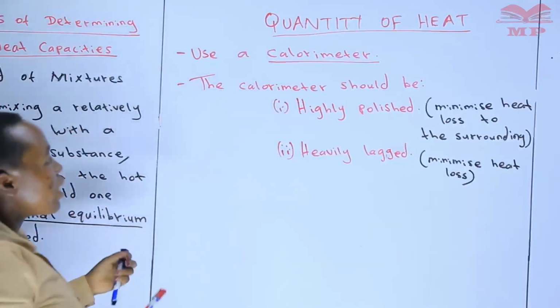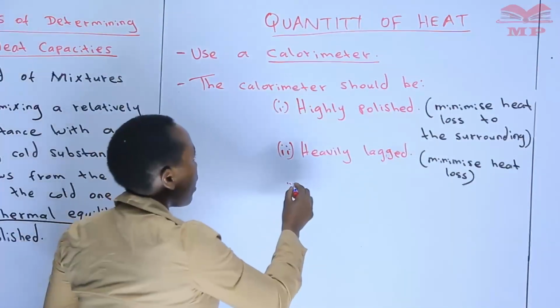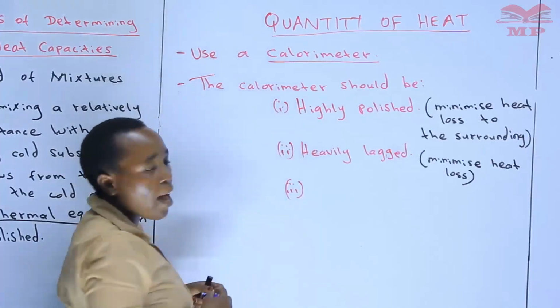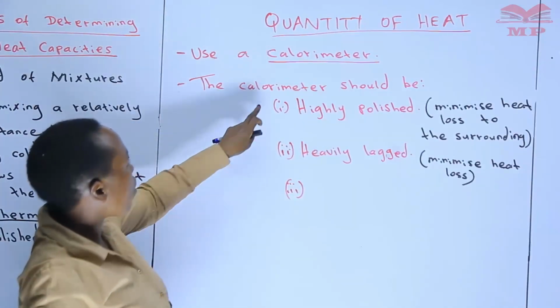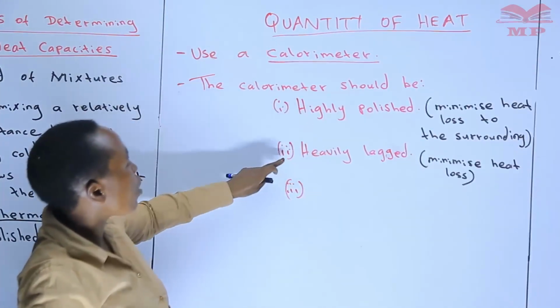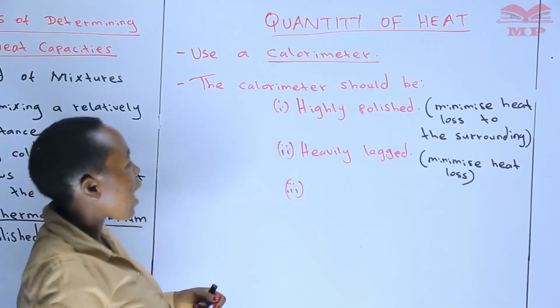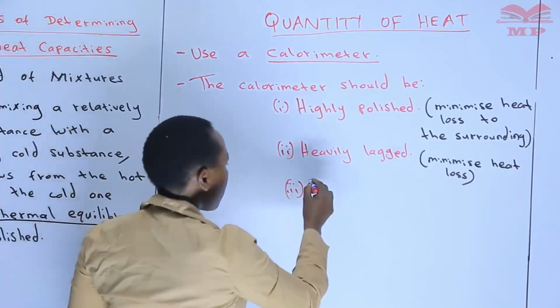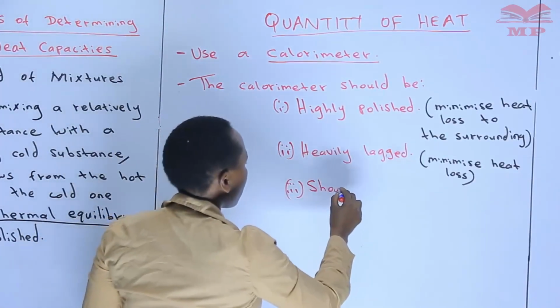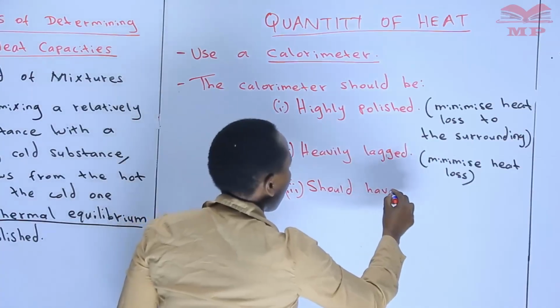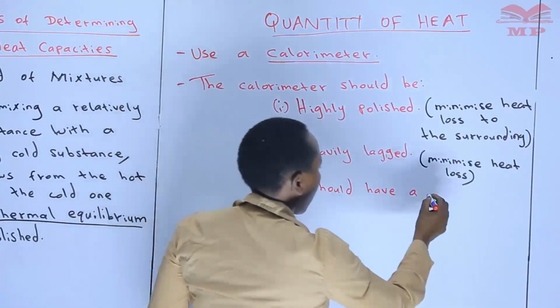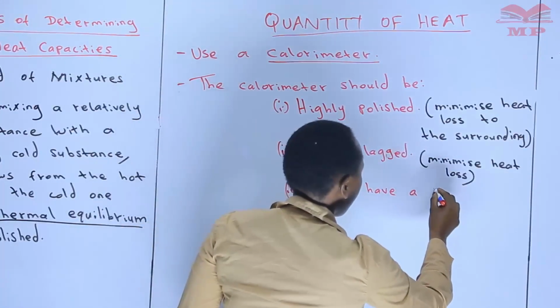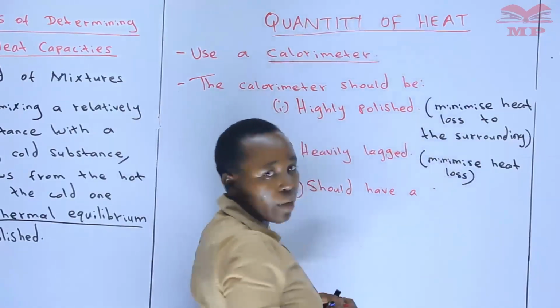And finally, the calorimeter should be highly polished, heavily lagged, and should have a lint which is a poor conductor of heat.